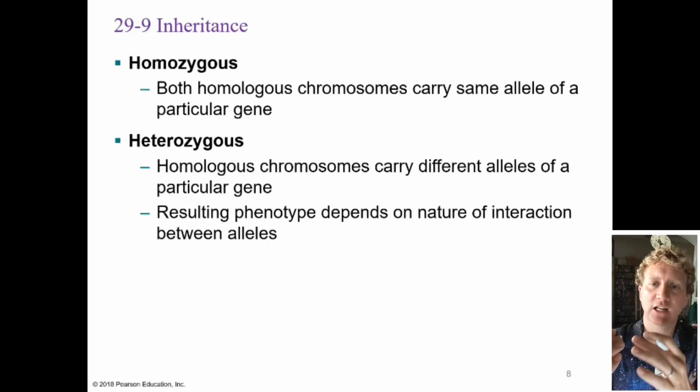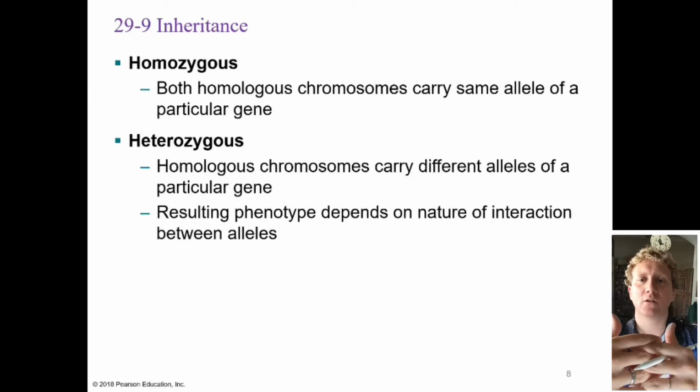If you are heterosexual, you are sexually attracted to somebody different than your sex. If you are homosexual, you are attracted to somebody of the same sex as you, okay? So homozygous, the same alleles, okay? Heterozygous, 2 different ones. We typically use capitals and lower cases, okay? So heterozygous would be capital, lowercase.